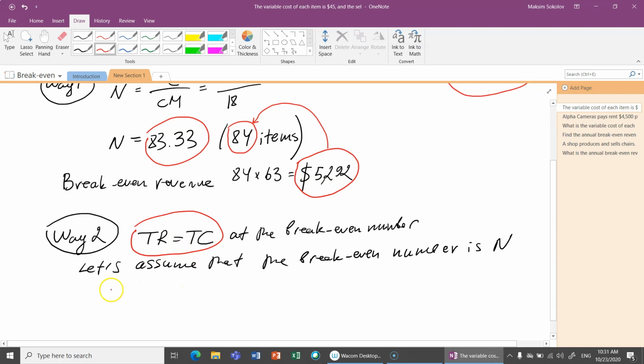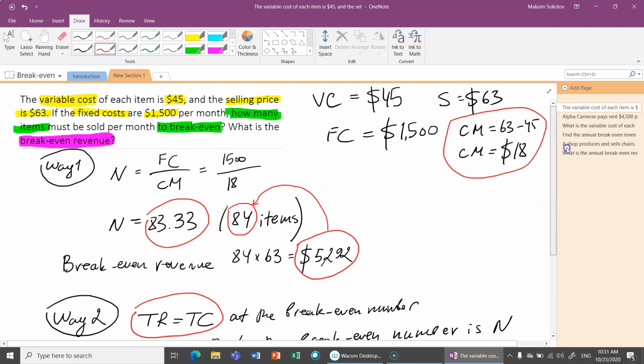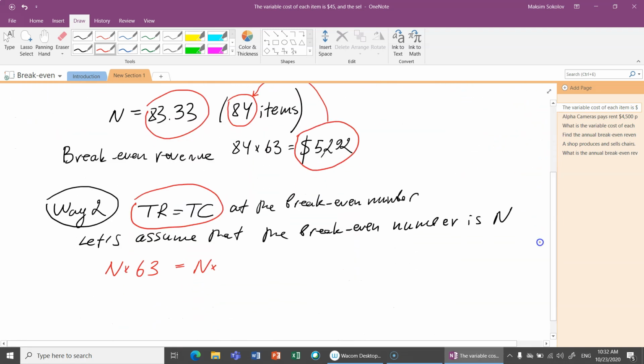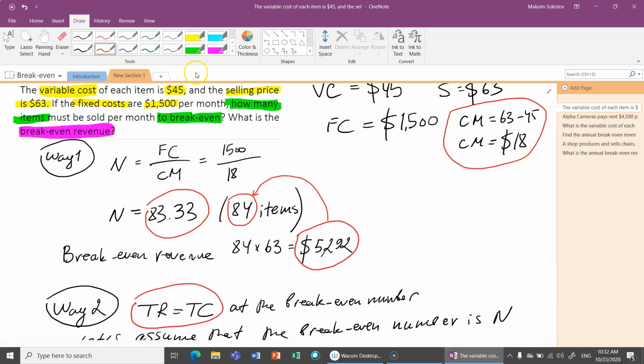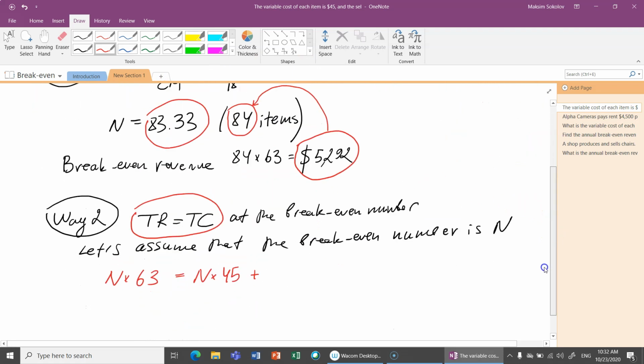Well, total revenue is going to be n times selling price for each item, and in this case it's $63. That should be equal to total cost, which is again n, that break-even number, times $45, your variable cost, plus your fixed cost, which is $1,500.